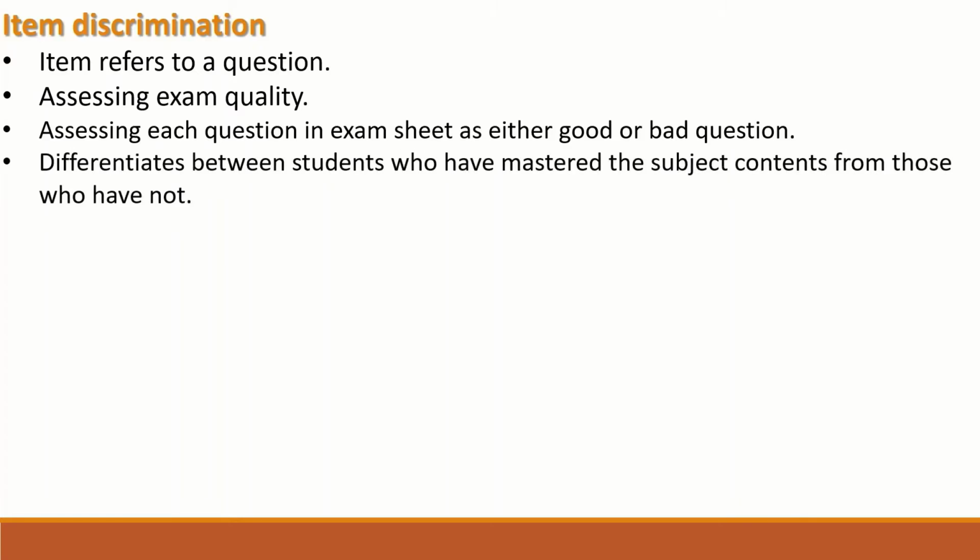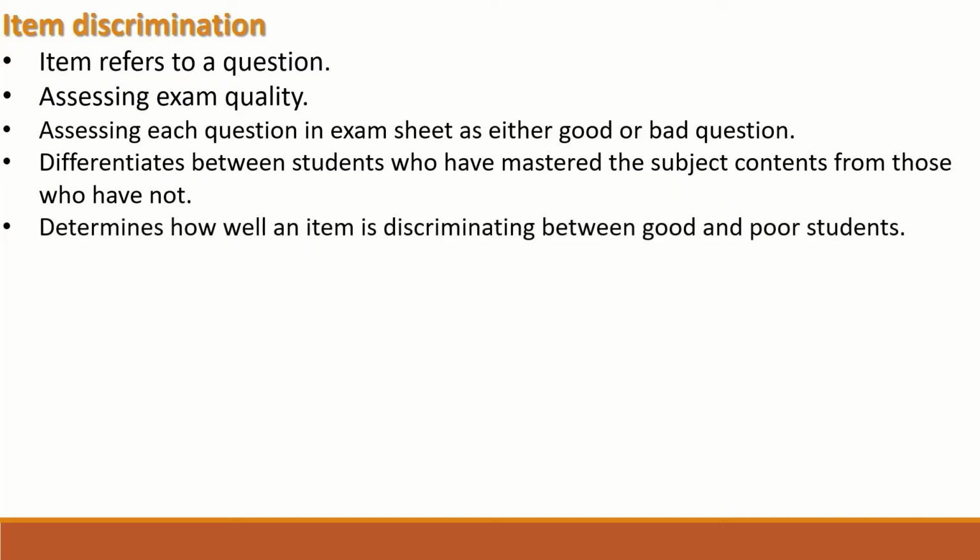It does differentiate between students who have mastered the subject content from those who have not. It does determine how well an item is discriminating between good and poor students.